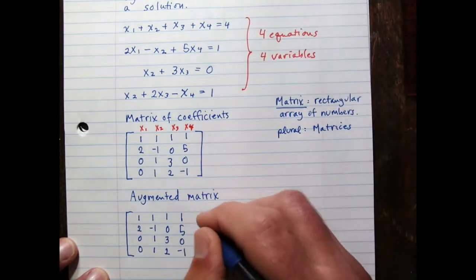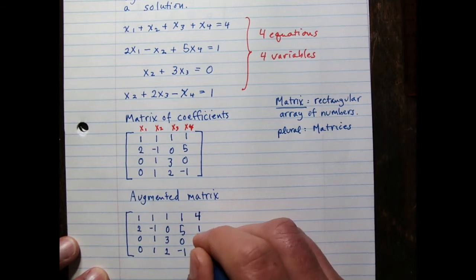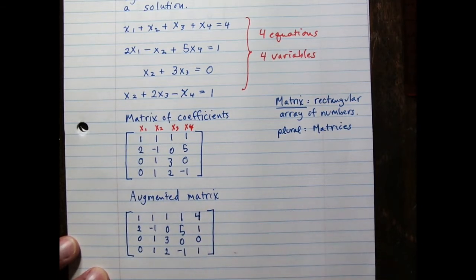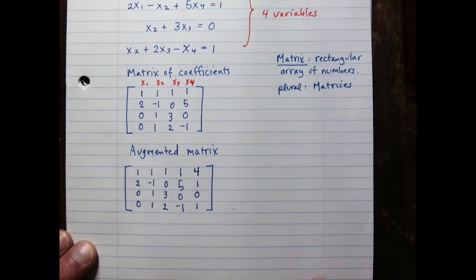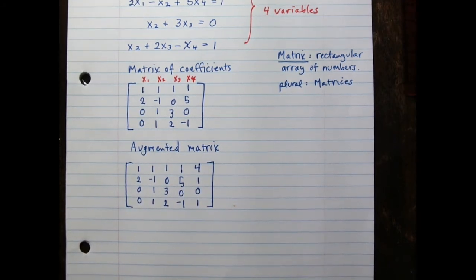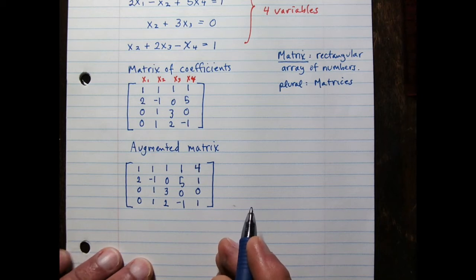So that's what I'm going to write down in another column: 4, 1, 0, 1, the constant coefficients from the right-hand side of those equations. And what we see in the augmented matrix is really all the information about that system is there, and we're just going to work from that matrix to solve the system without even writing the variables down.